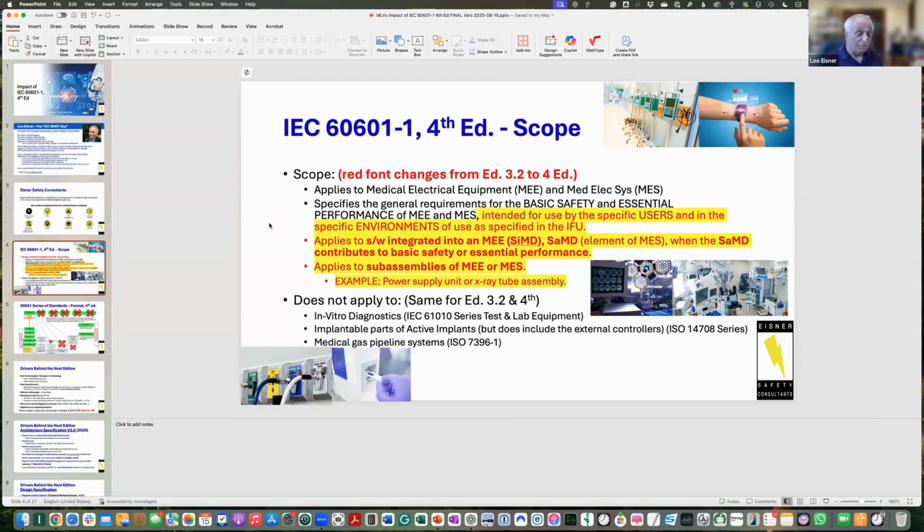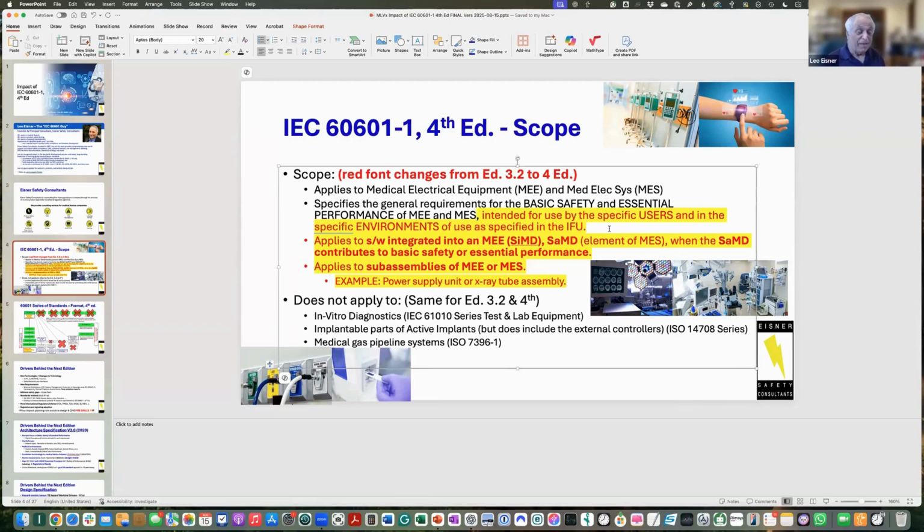It's really important because in the first yellow section, we're talking about a definition that the manufacturer gets to specify: the users and the specific environments of use as specified in the instructions for use.